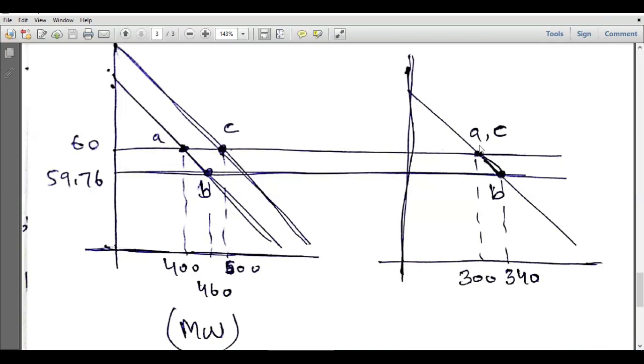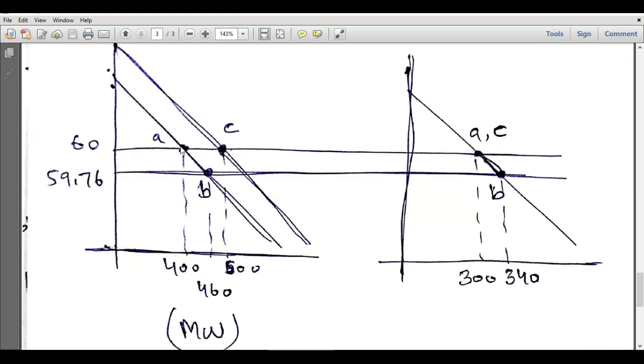So for the second unit, this is our point A and this is also our last point C. So points A and C are similar and this is our point B. But for the first unit, this is our point A, this is our point B, and this is our point C. So this is how we can apply supplementary control to restore the frequency and to assign the load sharing between the generators. So that supplementary control can also be applied to the second unit.